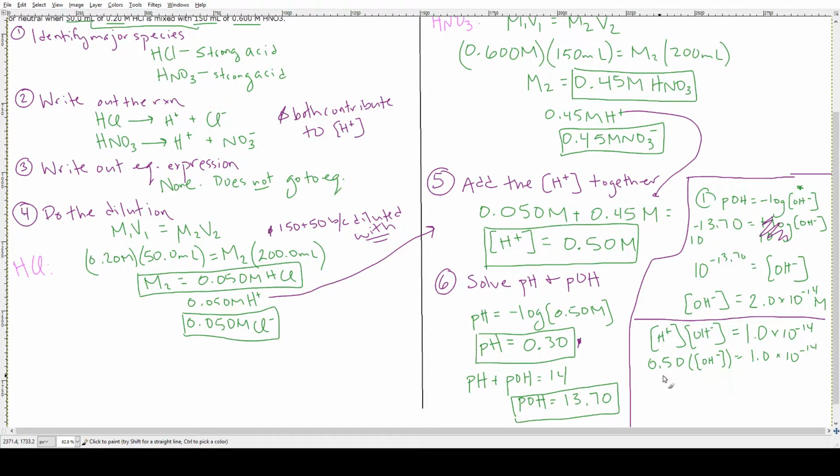If I divide both sides by 0.50, I end up with, oh, look at that, it's the same number. It doesn't matter which one you choose. They both work. You have options in this unit. Isn't that nice? All right, well, there you go. That's how you solve this problem. See you next time.